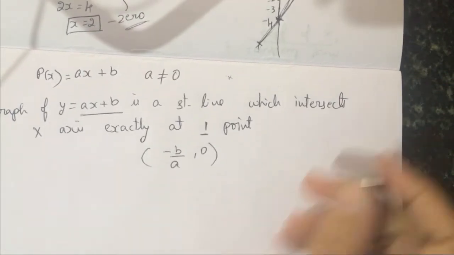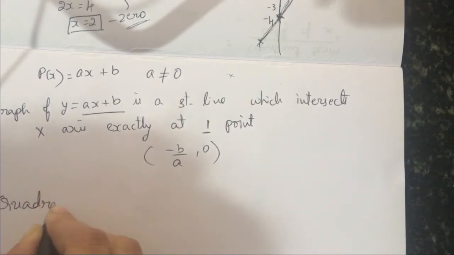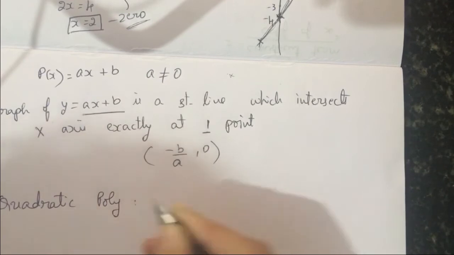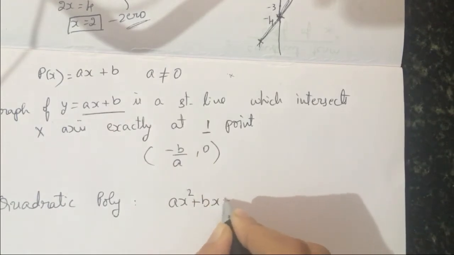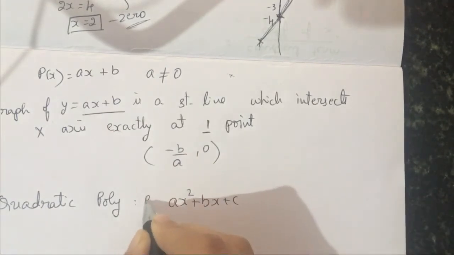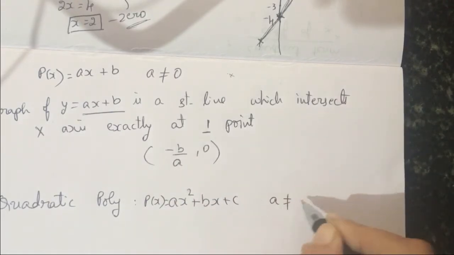Suppose, see, when you have a quadratic polynomial, there are 3 cases. A quadratic polynomial has a general representation ax square plus bx plus c. Okay, this is the general representation of a quadratic polynomial.